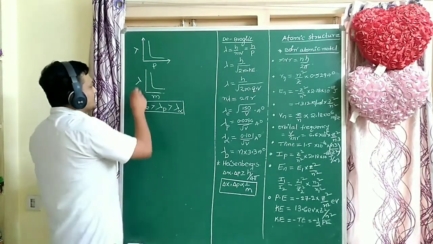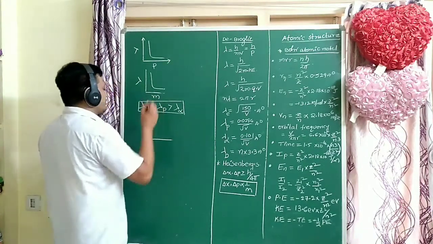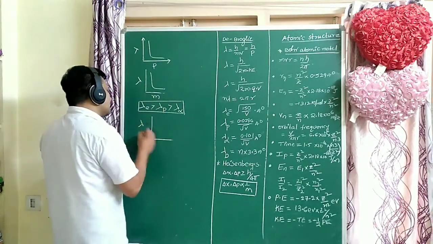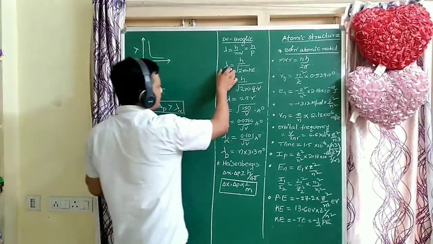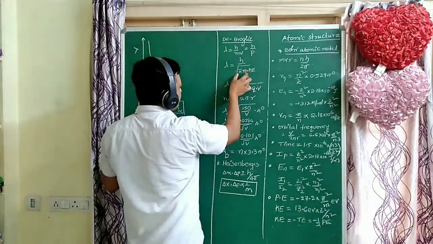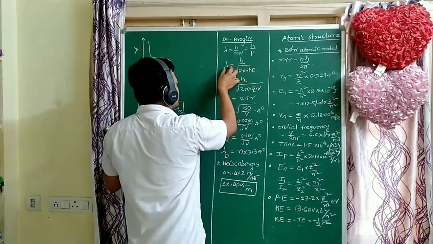So what is the relation between kinetic energy and wavelength? Here also they are inversely proportional: lambda equals h by square root of 2m KE. As kinetic energy increases, wavelength decreases.